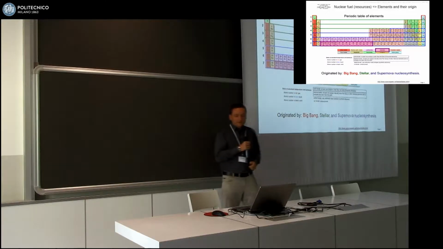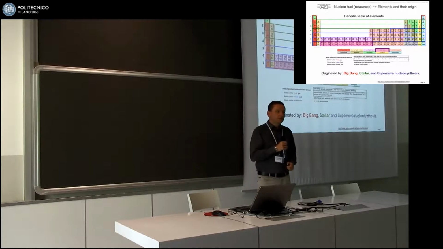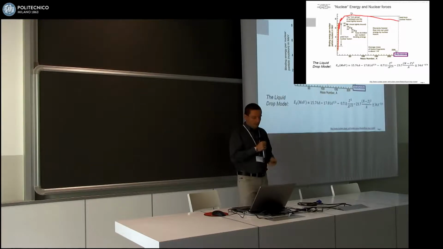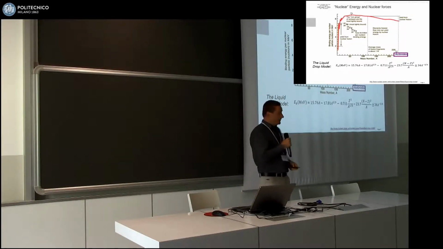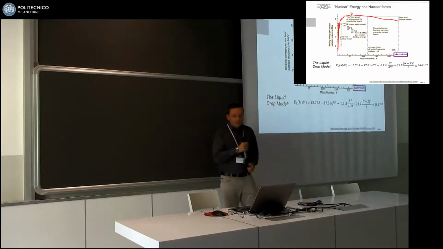And the reason why actinides are our fuel is based on the binding energy of the nucleons in the nuclei. So maybe you have seen already this chart. It's well described by the liquid drop model. I will not go to the detail, but basically, if you want to produce energy, you need to increase the binding energy. And there are two basic ways.